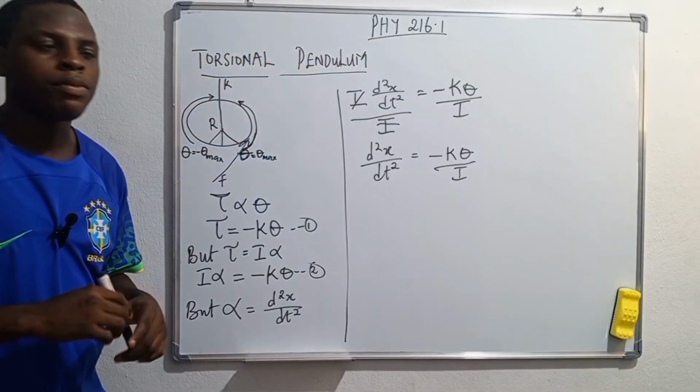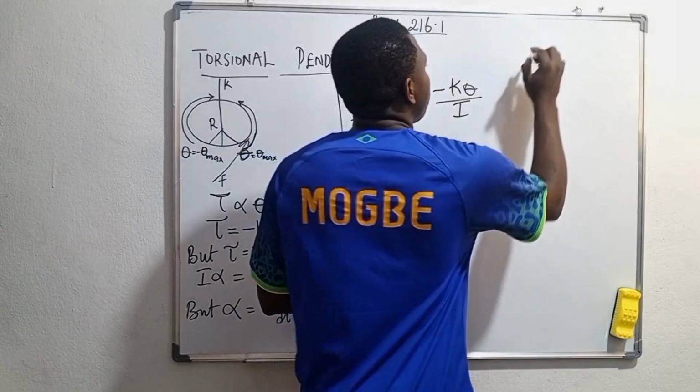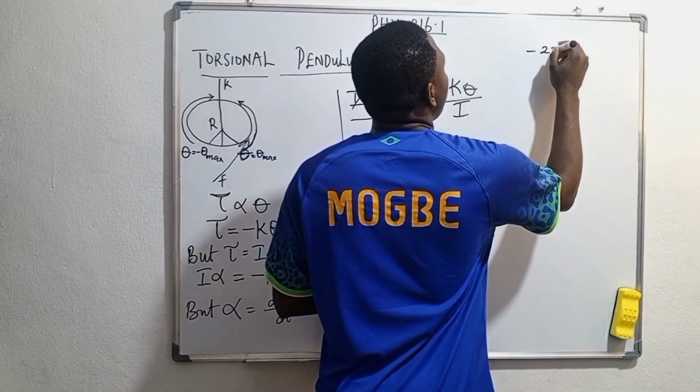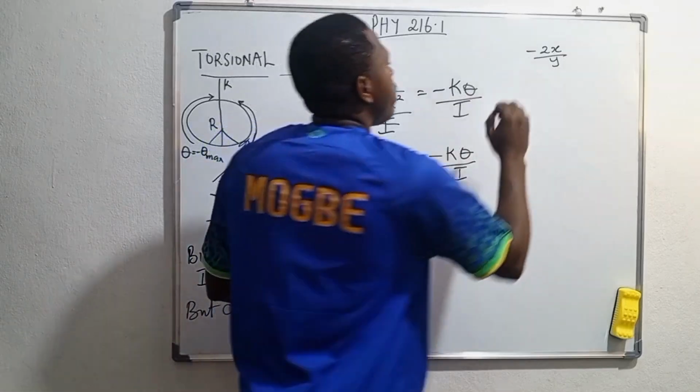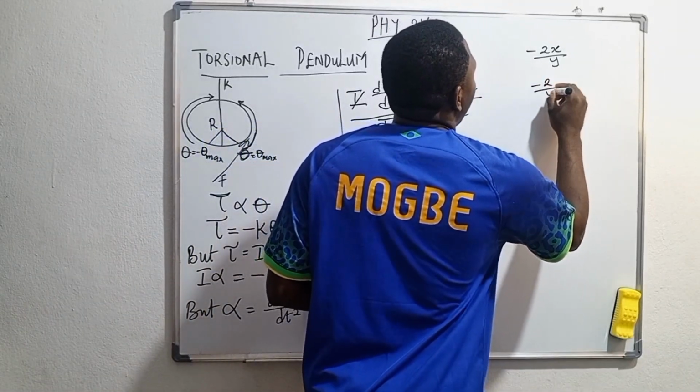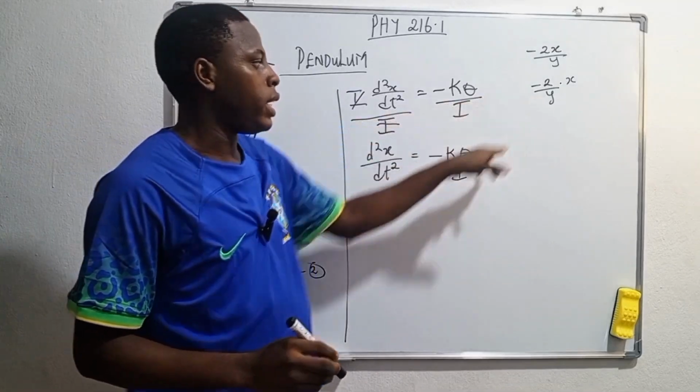Am I communicating? Now remember, in our elementary maths, when we have something like minus 2x divided by y, this can also be written as minus 2 divided by y multiplied by x. Now let's apply this concept here.